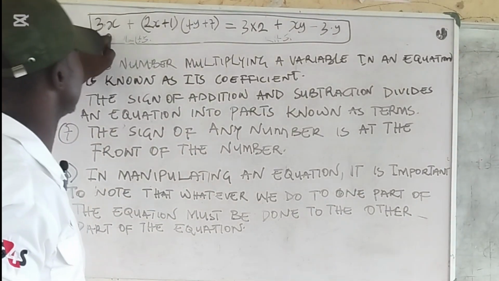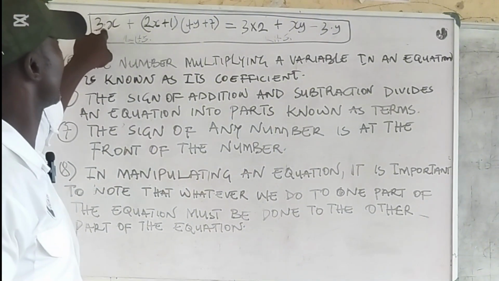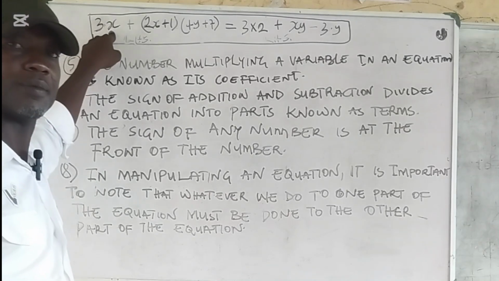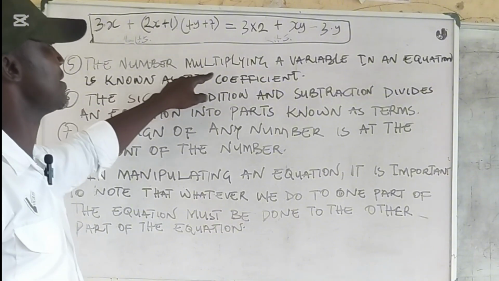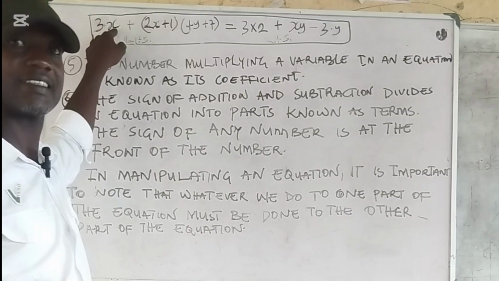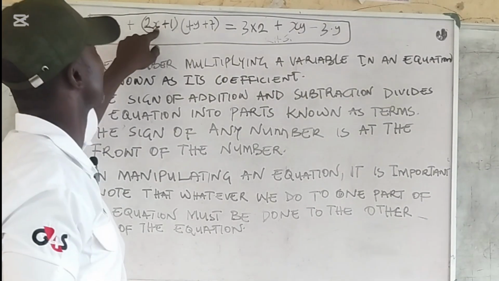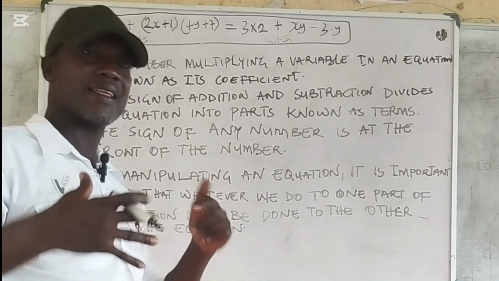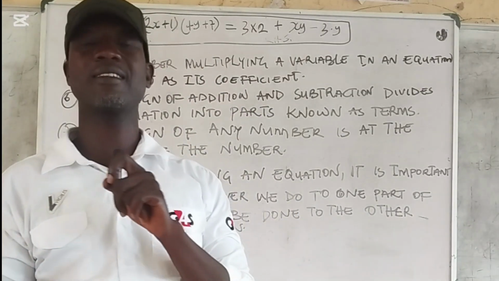Let's go to our example. 3x. 3 is multiplying x. x is a variable. So what the fifth fact simply means is that the number 3 is the coefficient of x. If you come down to this place, following the same logic, 2x, 2 is multiplying x. So any number that multiplies a variable is the coefficient of that variable.